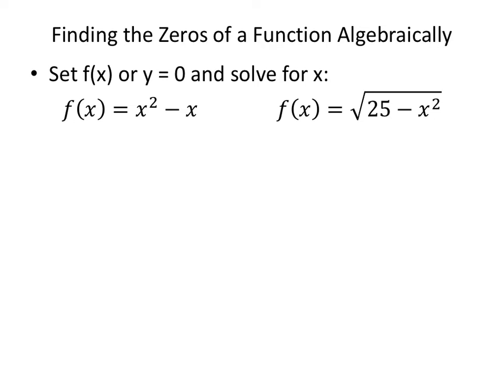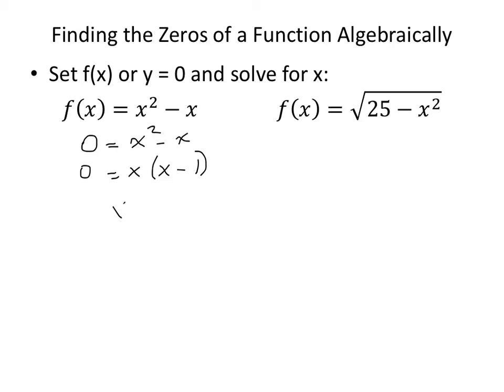So, finding the zeros of a function algebraically. The only thing we need to do is set our f of x, or our y, equal to 0, and then solve. So, we would have 0 equals x squared minus x. Now, solving for this is where some of your factoring skills come into play. So, I can take an x out of each one of these terms, and I'm left with an x minus 1.